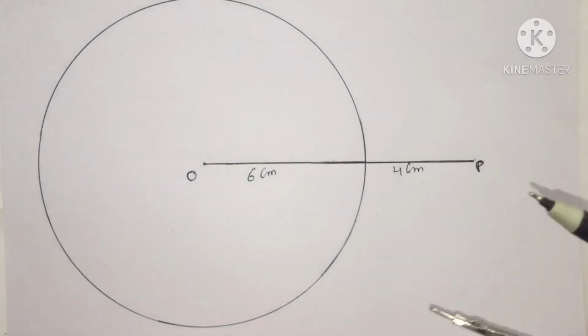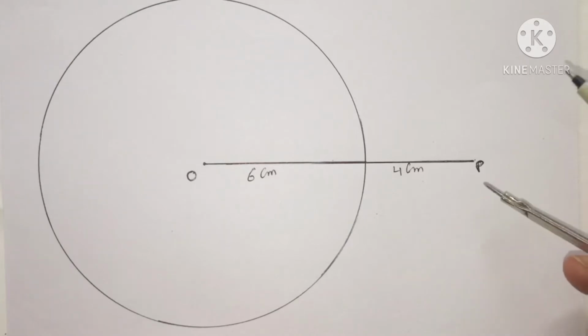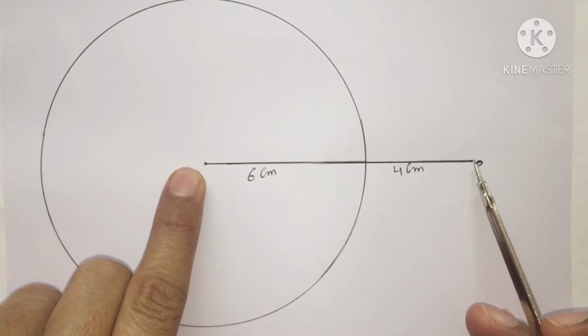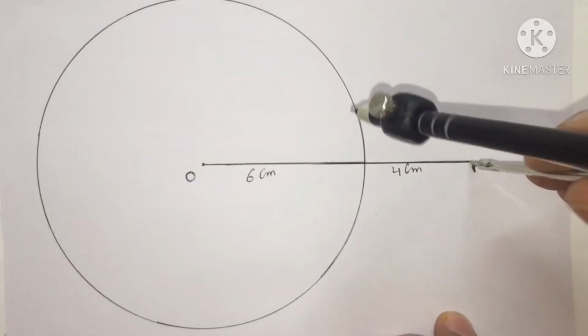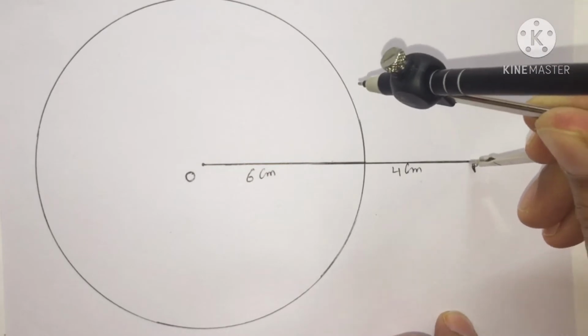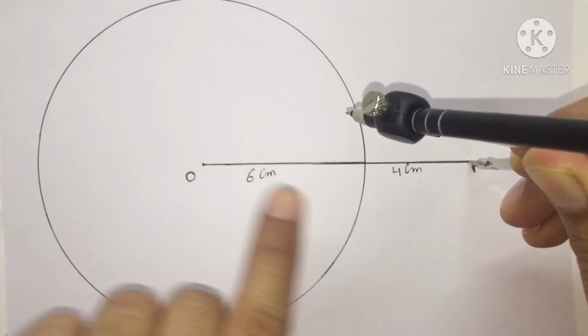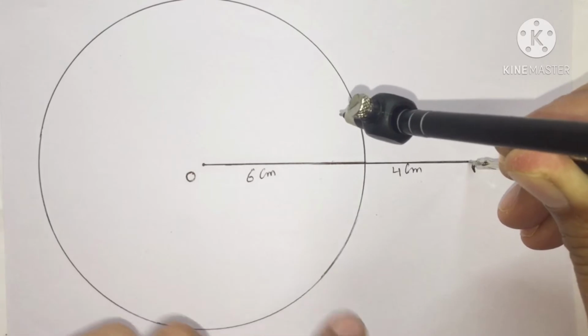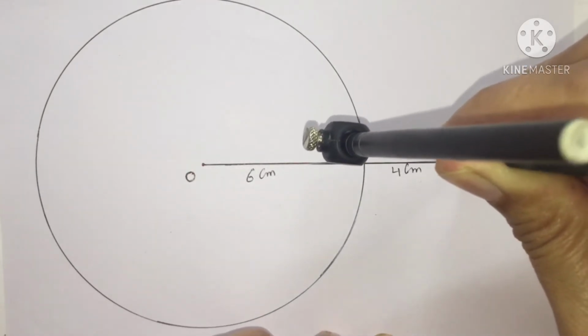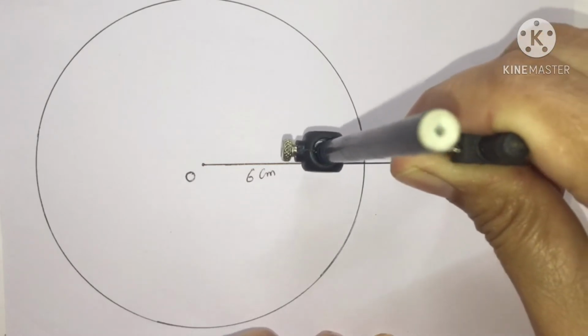Now after this we have to draw the perpendicular bisector of this distance from O to P. To draw the perpendicular bisector we have to open our compass. You can open till the other end, or another method is you can open more than half. So more than half I am taking.